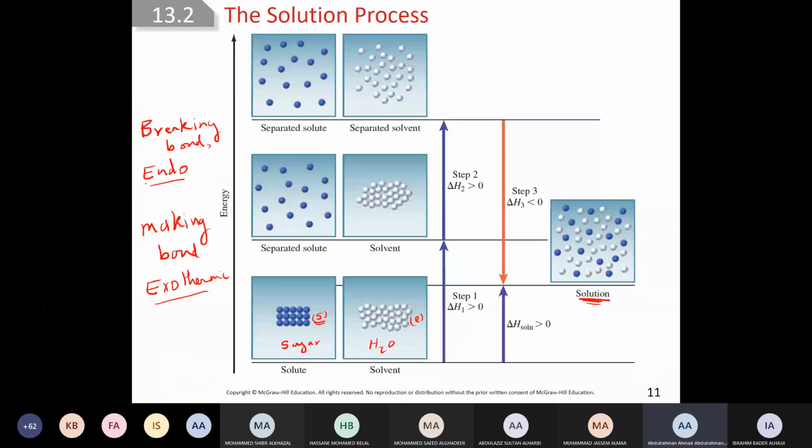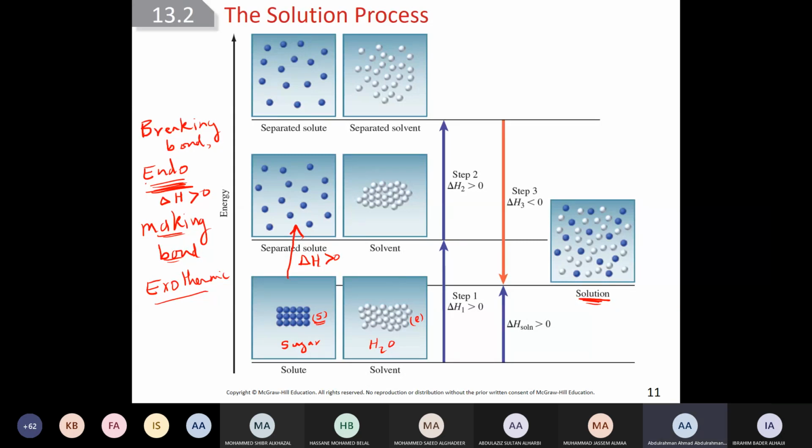So when you break a bond, it's always endothermic. When you make a bond, it's always exothermic. When you break the bonds of the sugar, is this exothermic or endothermic? Endothermic. So going from here to here is endo. Is delta H positive or negative? Positive, because endo means delta H is greater than 0.